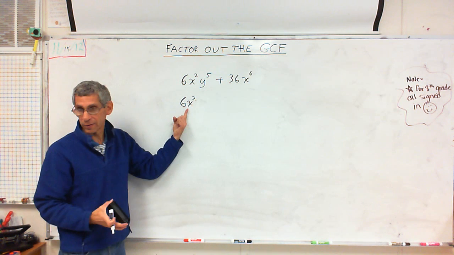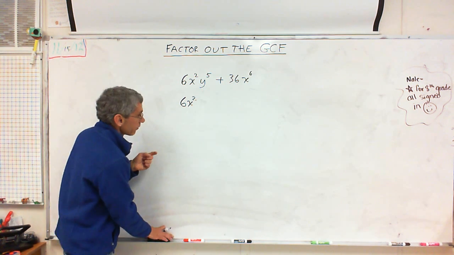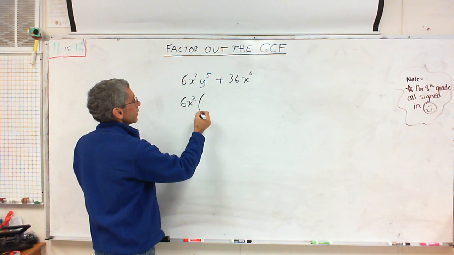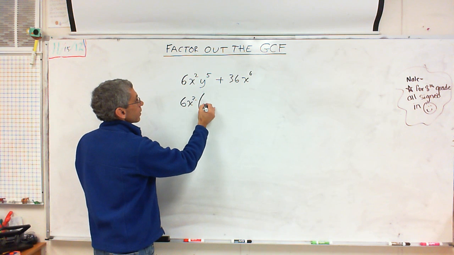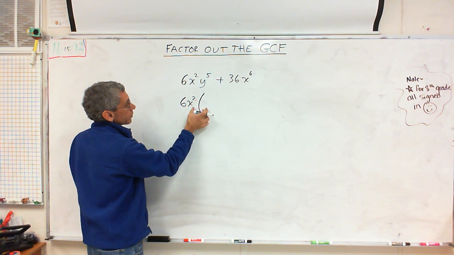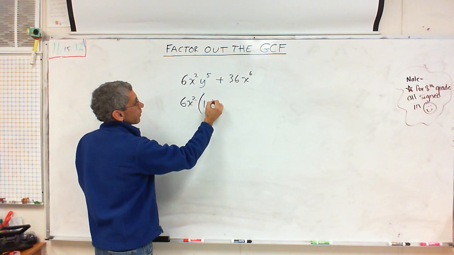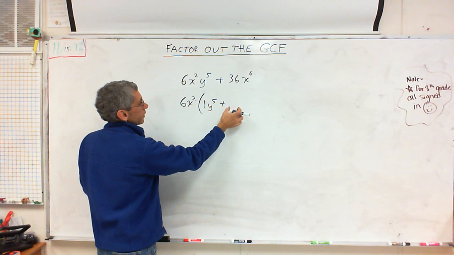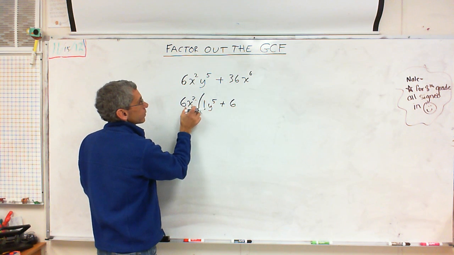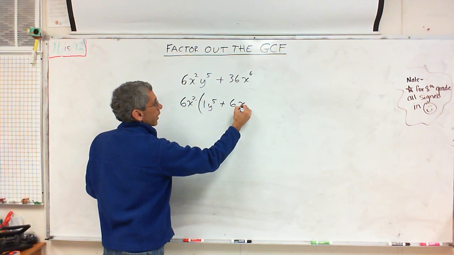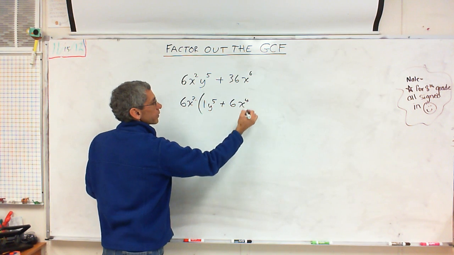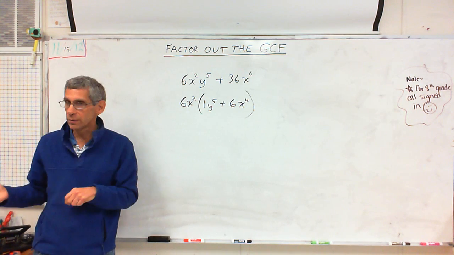So that would be my greatest common factor, and then I would do my parenthesis. It would be 6x squared, so 1 times y to the 5th plus 6 times 6 is 36. X squared times x to the 2 plus 4 is 6. There we go. That's your answer.